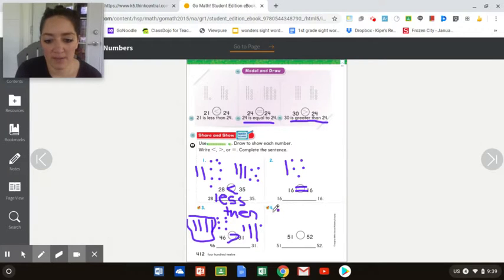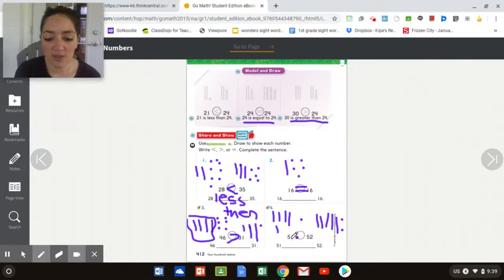And next we have 51. 5 tens, 1 one. And now we have 52, which is 5 tens and 2 ones.